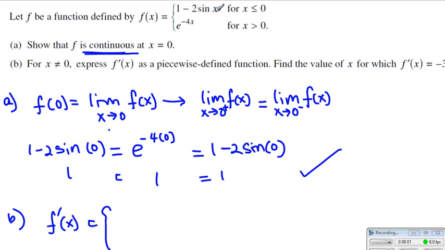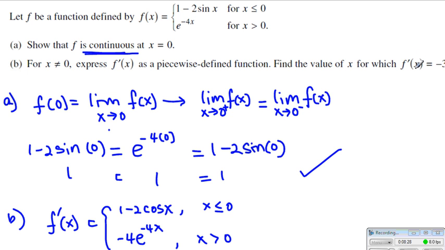So first, the derivative of 1 minus 2 sine of x becomes 1 minus 2 cosine of x, where x is less than or equal to 0. But the bottom one becomes negative 4 times e to the negative 4x. In this case, that's when x is greater than 0.